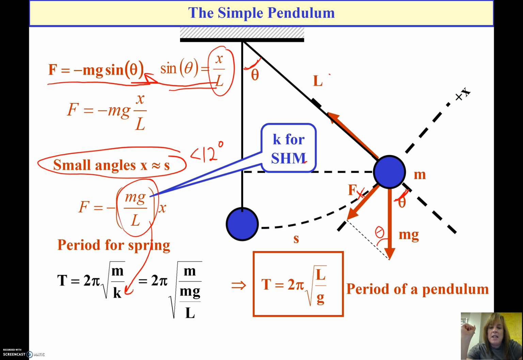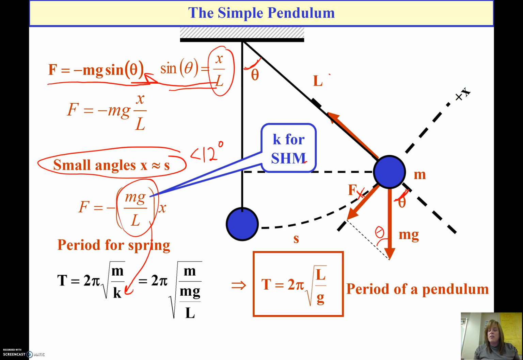Now, I want you to pay attention to that equation because it is very different from the spring equation. Notice that there is no mass in this equation. The mass ends up canceling. So for the period of a pendulum, mass doesn't matter. Mass don't matter. The length of the string matters: the longer the string is, the longer the period is.